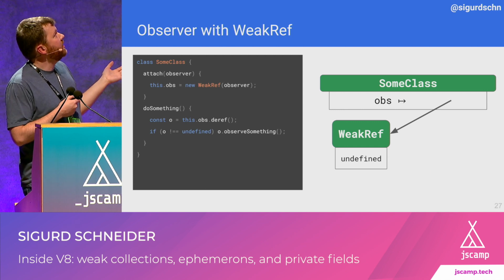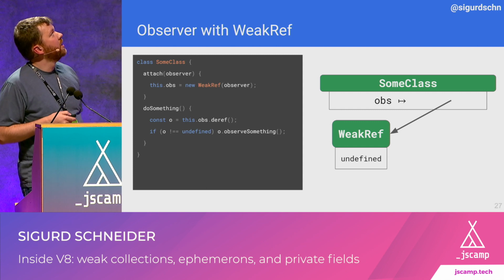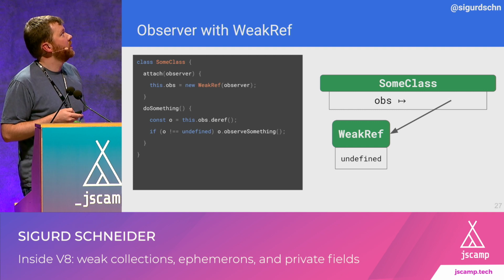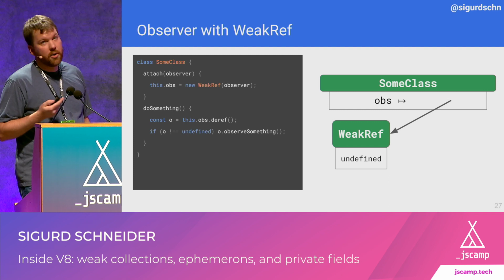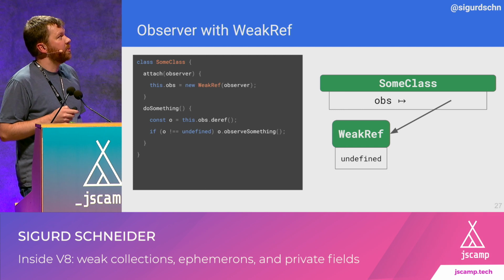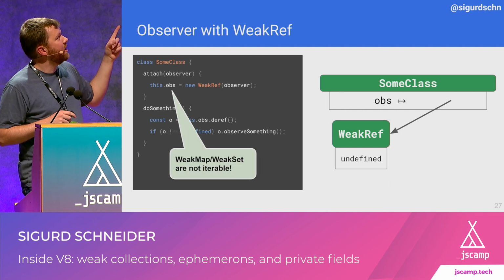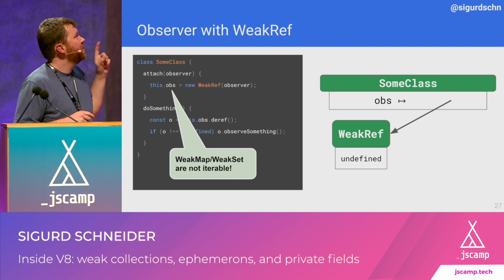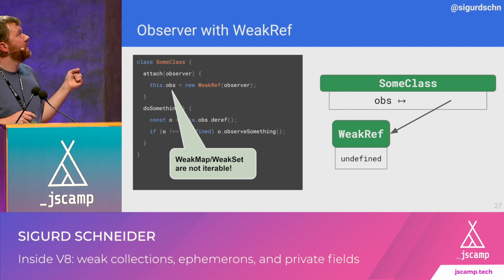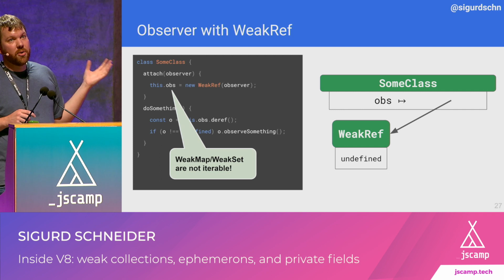And when you want to access this thing, then you have a special function on the weak ref, which is called deref, which is allowed to give you undefined if the object has been cleaned up. Note that this example is an example where you can't use weak map or weak set, because both of them are not iterable.